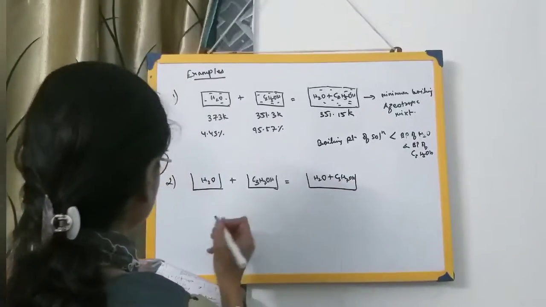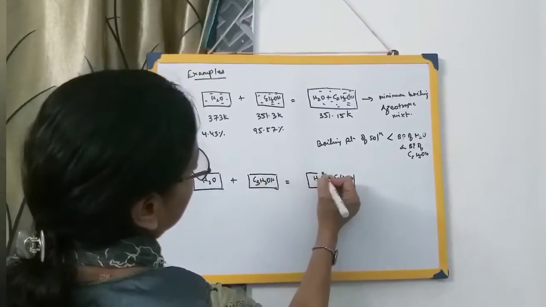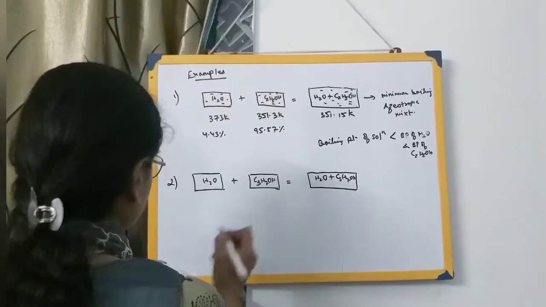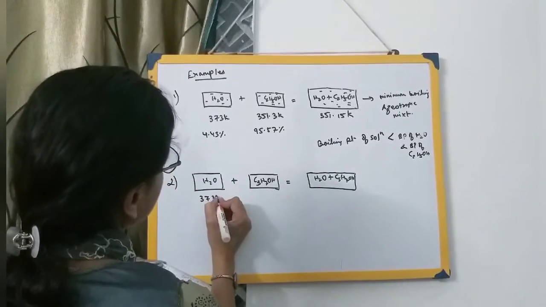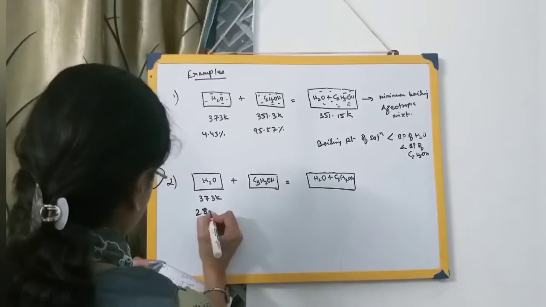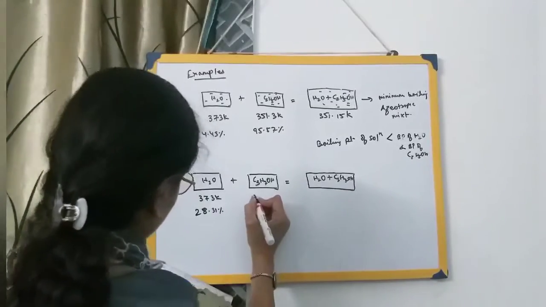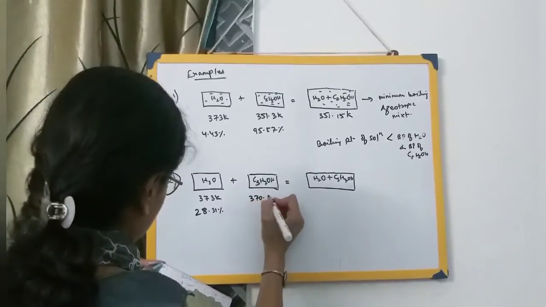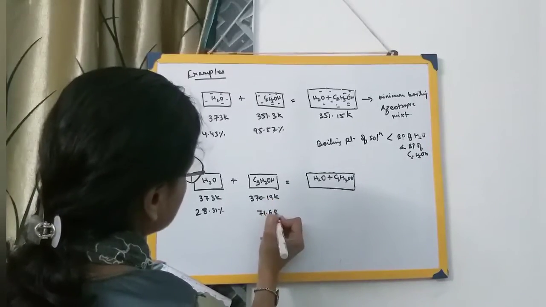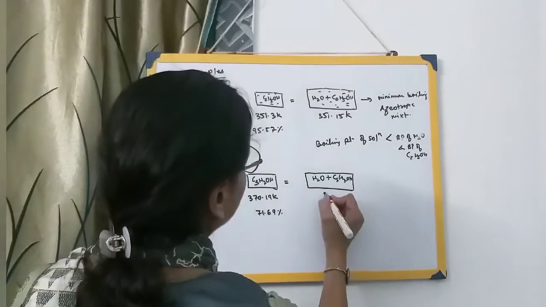So here, let's close all these containers, and we are subjecting them to boiling. Here the boiling point is 373 Kelvin, and the percentage is 28.31%. This is propyl alcohol, the boiling point is 370.19 Kelvin, and the composition is 71.69%.